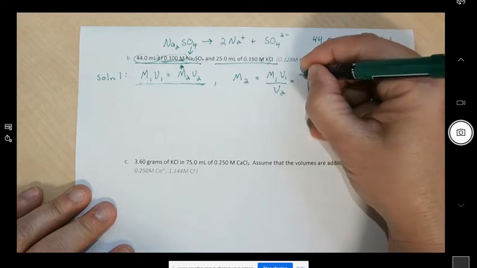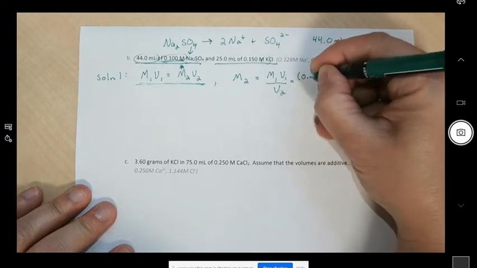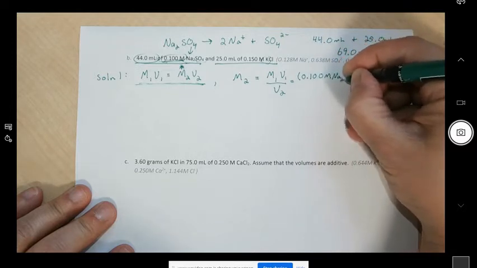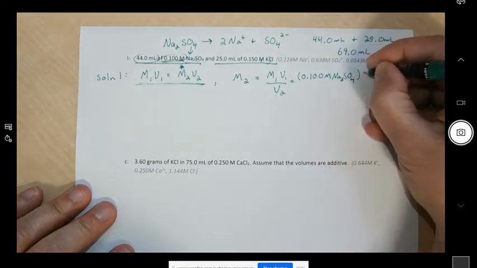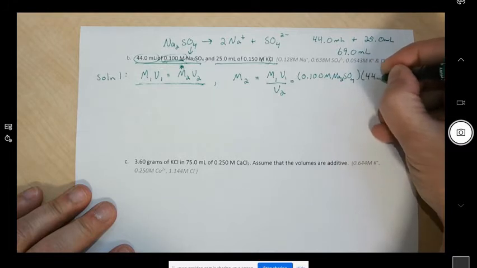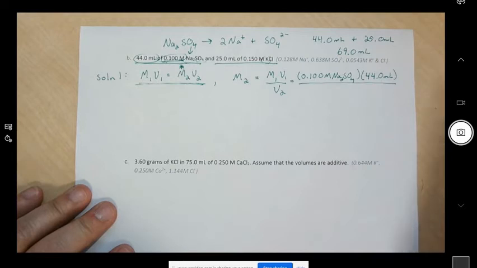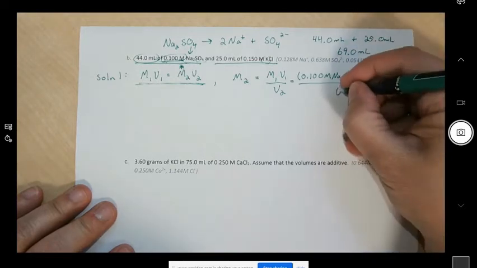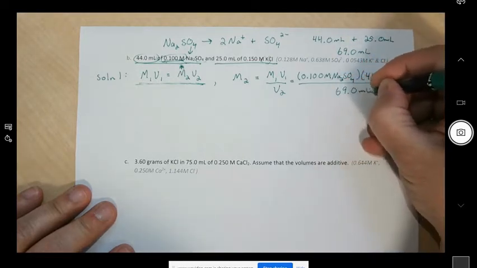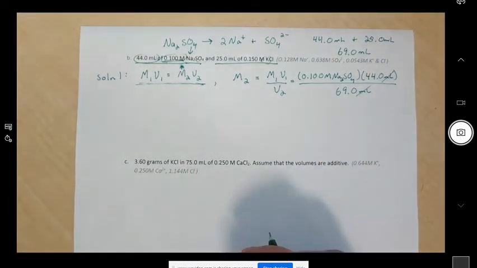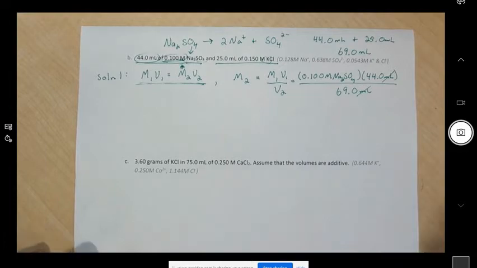I'm going to get my original molarity, which is 0.100 molar Na2SO4, times my original volume, which is 44.0 milliliters, and I'm going to put that all over my new volume, which is 69.0 milliliters. See what I mean by milliliters canceling? It's fine if you put it in liters, but it's going to cancel anyway.